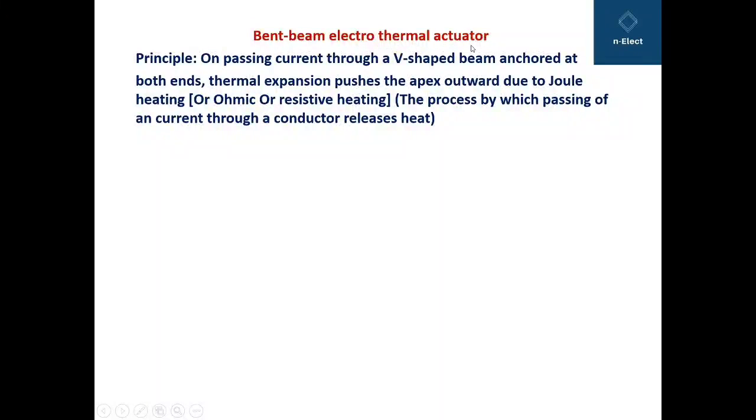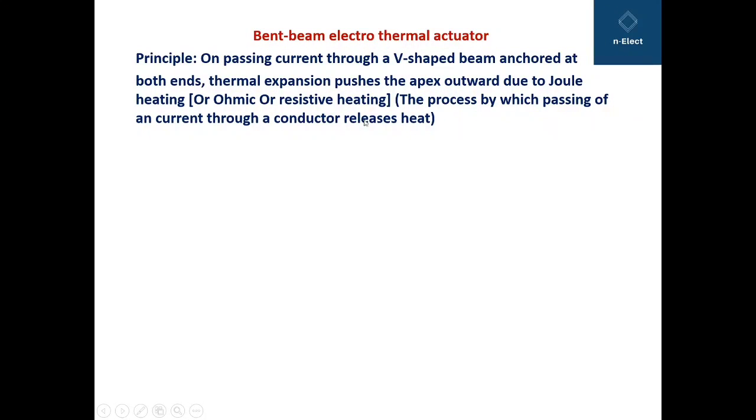Bent beam electrothermal actuator. This is one kind of electrothermal actuator. Its principle is that on passing current through a V-shaped beam anchored at both ends, thermal expansion pushes the apex outwards due to Joule heating, or ohmic or resistive heating as it is also called, the process by which passing of current through a conductor releases heat.